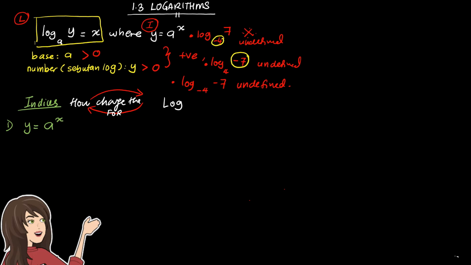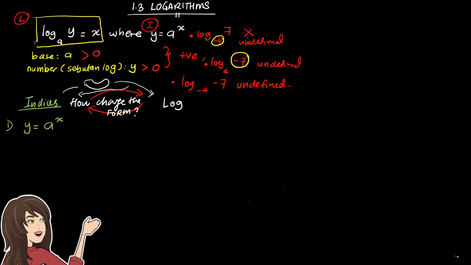Macam mana kita nak ubah dia punya form? Do you know cashew nuts? Kacang gajus, macam mana bentuk kacang gajus? Like this, kan? This cashew nut shape, I would use it for you to change from indices to log or from log to indices. We will use the kacang gajus here.